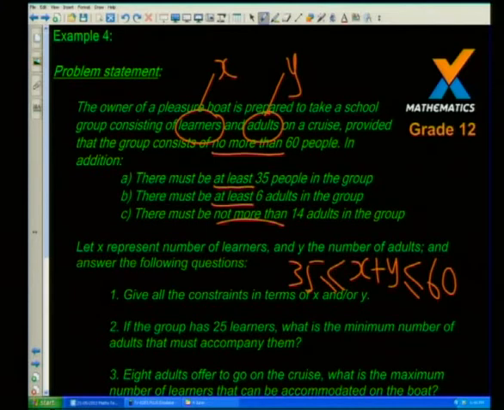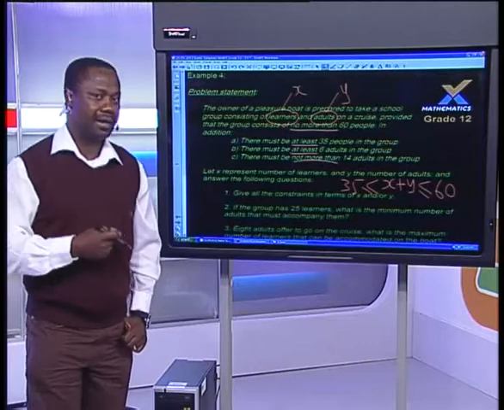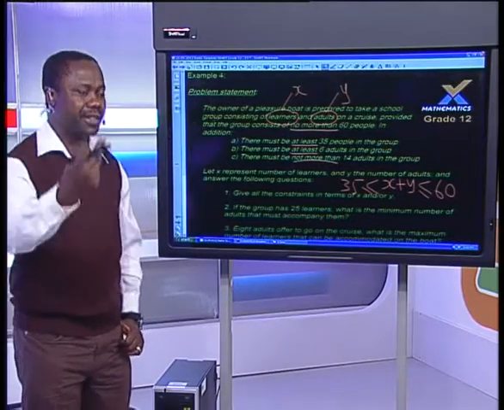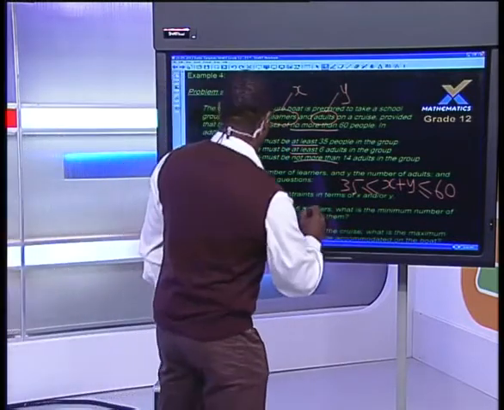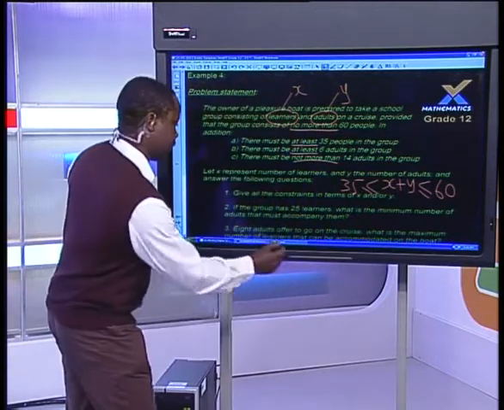And the second constraint is that, if you read section B there, it says there must be at least 6 adults in the group. And adults are represented by Y. So if we say at least 6, it means we must have more than that. So for that, let me just create space here.